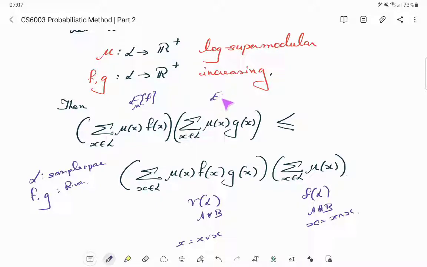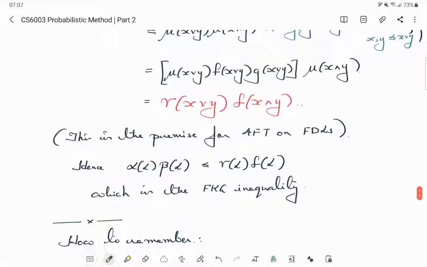Similarly, this is the expectation of g under the probability measure mu. What is this? This is again the expectation of fg, because you are taking the weighted average of fg again under the probability measure mu, and this is nothing but 1. That is our assumption. So now if I just reverse the inequality, I get this form.